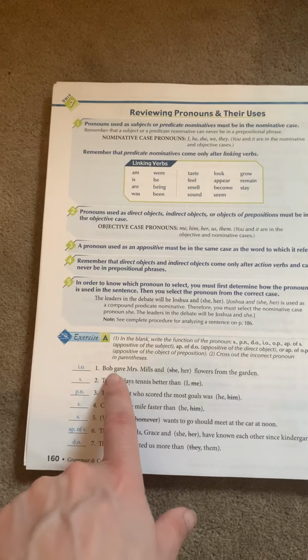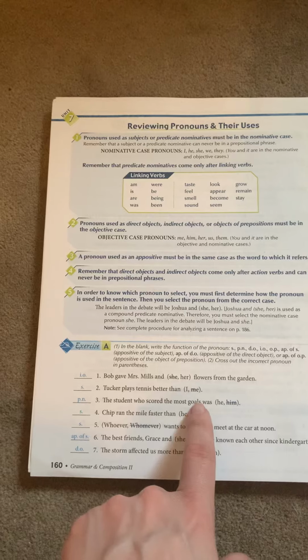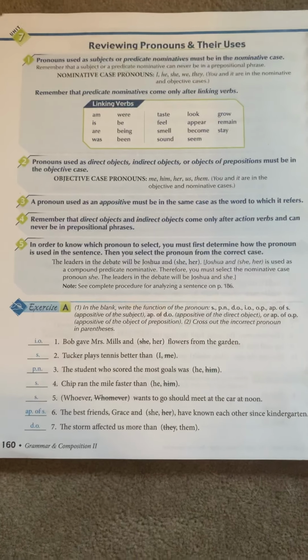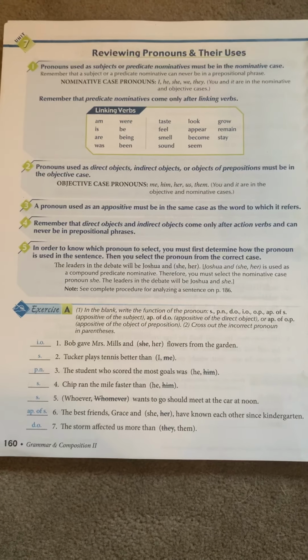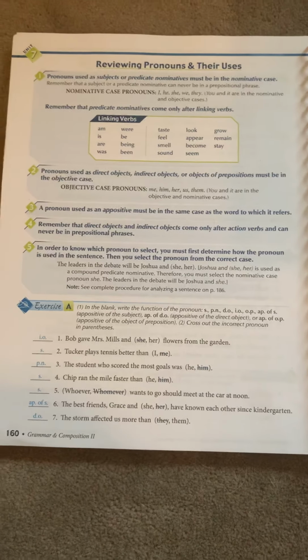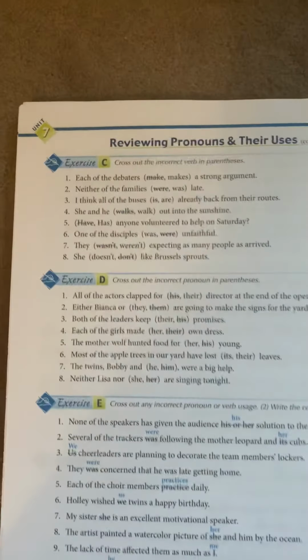Does it have an action verb in front? Okay, does it have a preposition in front? Does it have a linking verb in front? A lot of times if you look in front of your word, it'll tell you what it's acting as. Okay, so exercise A, you'll see a section like that on there. Okay, and then I'm going to flip the page to 162.